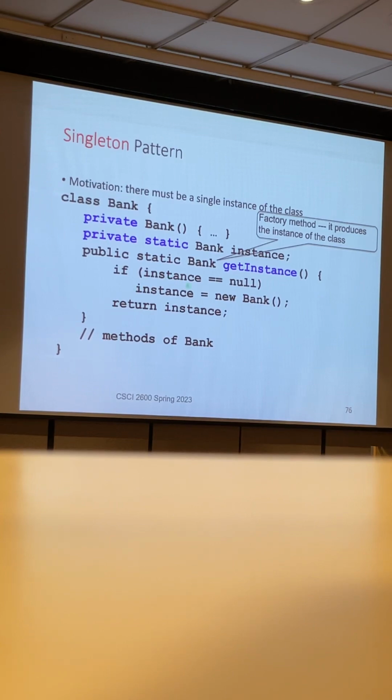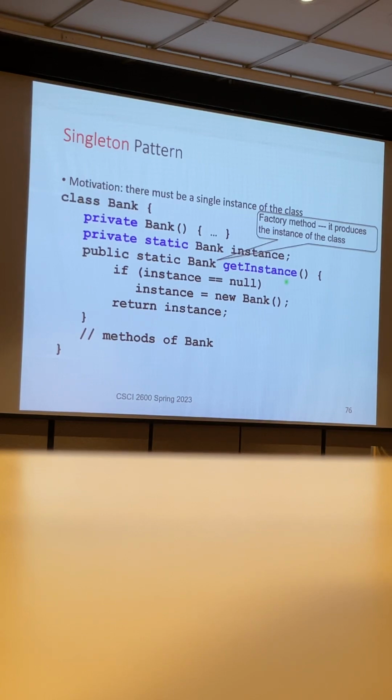If not, then this instance field is going to be null. And then we create this new and only Bank instance, and we store it in instance. If instance is not null, we return the instance. So basically, no matter how many times someone calls getInstance, it's not going to lead to the creation of more than one Bank object.